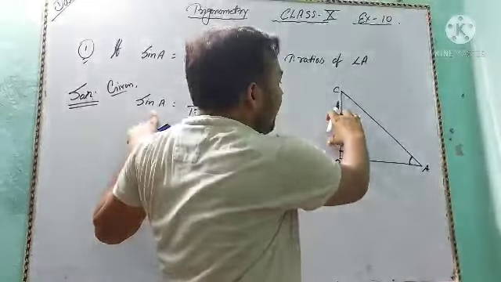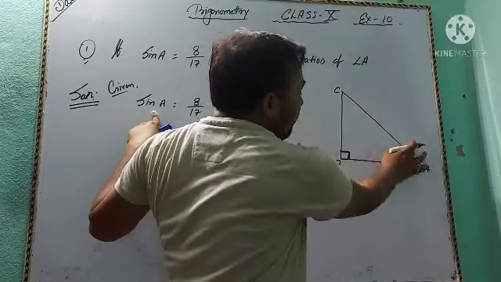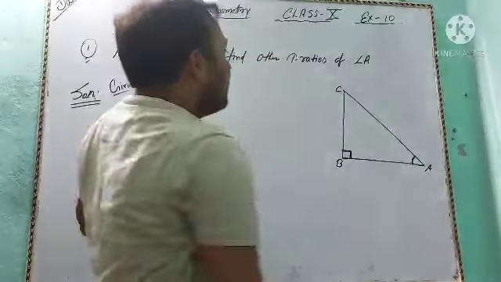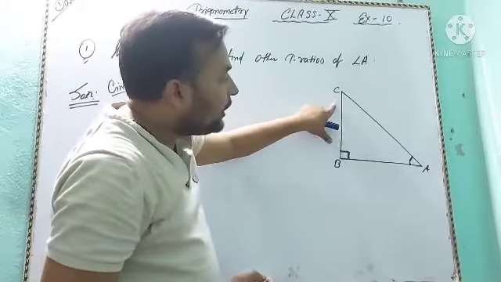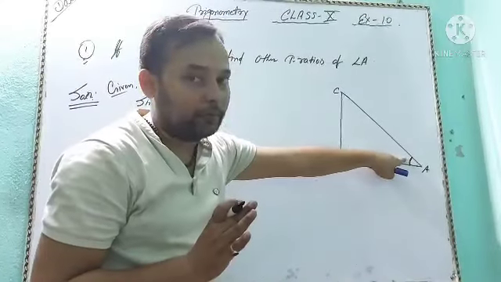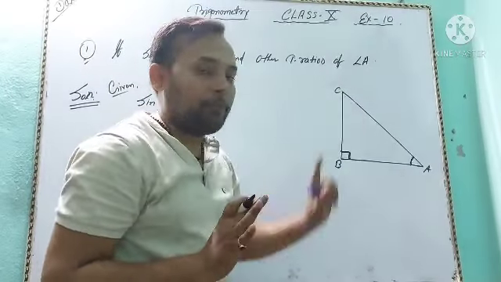Okay, this is the perpendicular, and the opposite side of the 90 degree is called the hypotenuse, and AB is the base. Okay, so in this figure BC is the perpendicular because this side is opposite to the acute angle A. Okay, and AB is the base and AC is the hypotenuse.